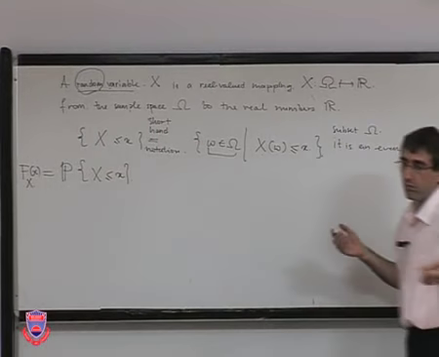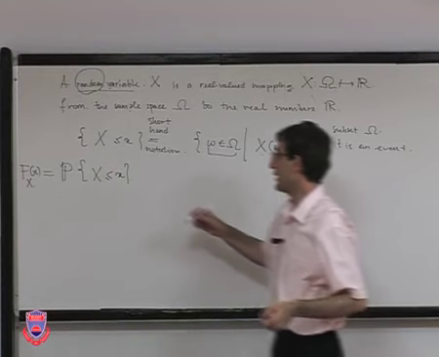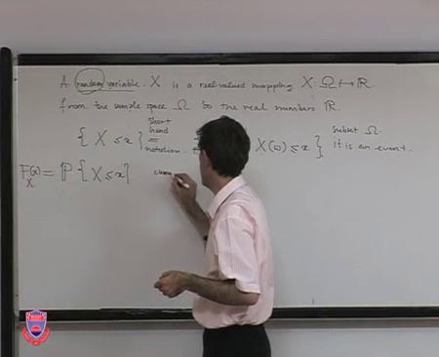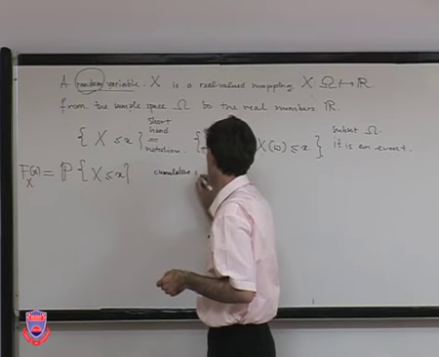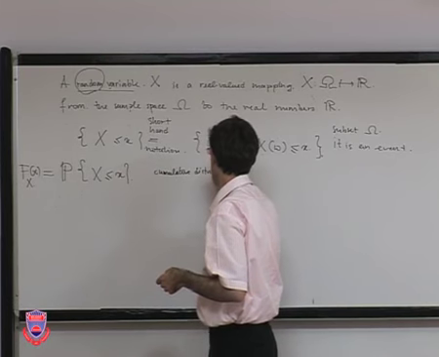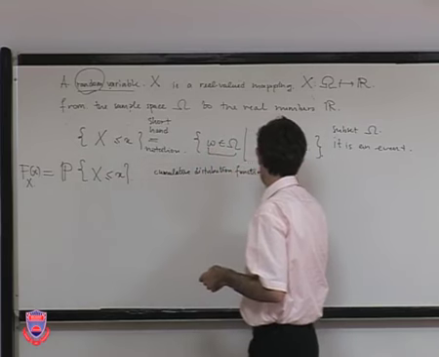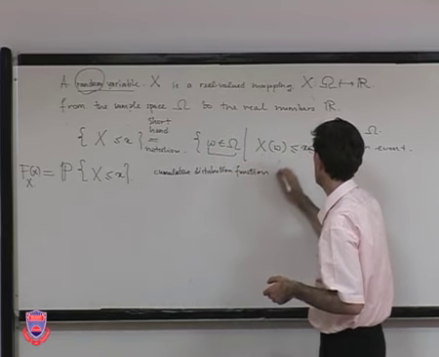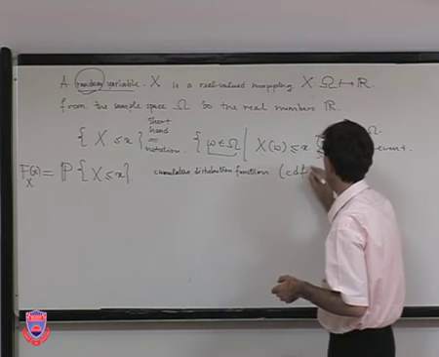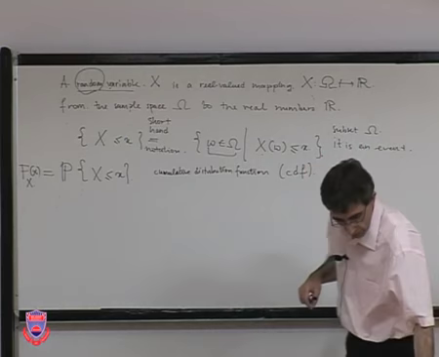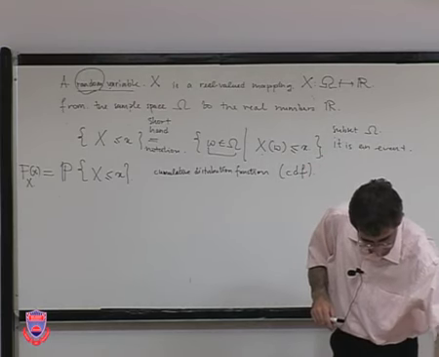Capital F, for no reason, is used to denote it, and it is known as the cumulative distribution function. Even this is too long for us to write, so we usually just use the short form, CDF.